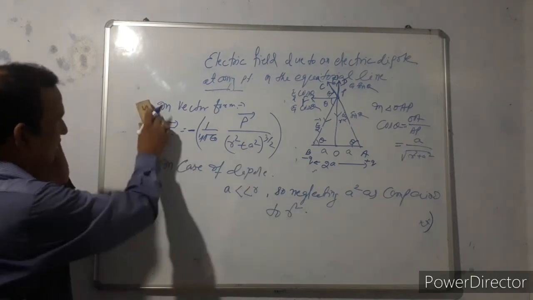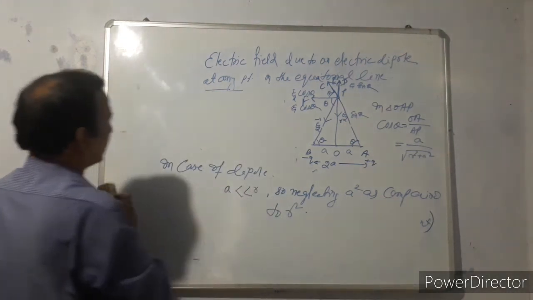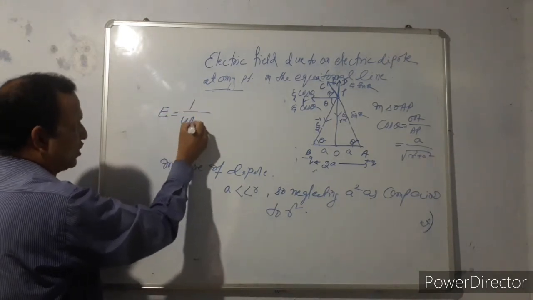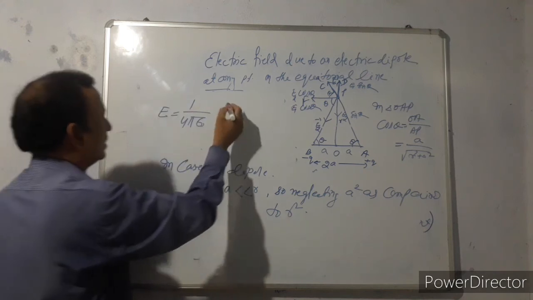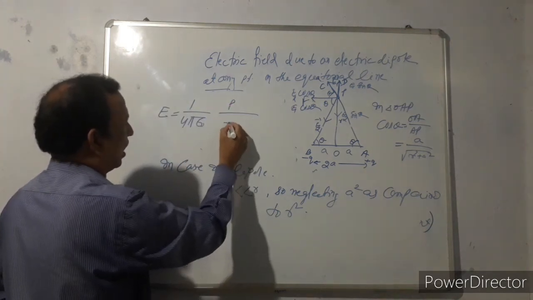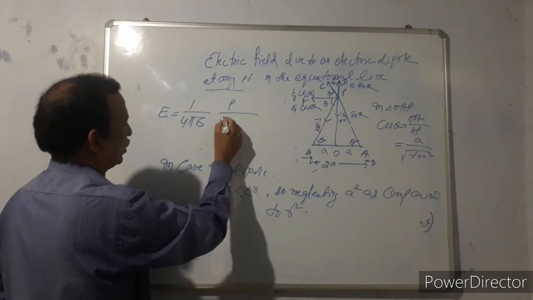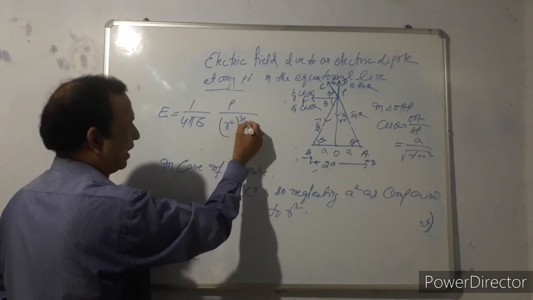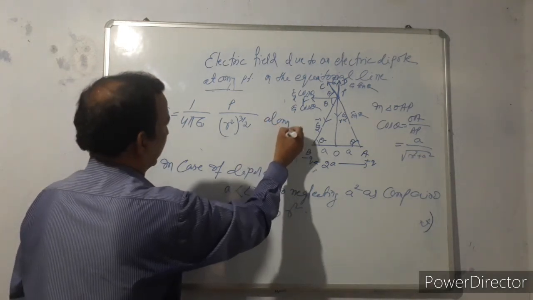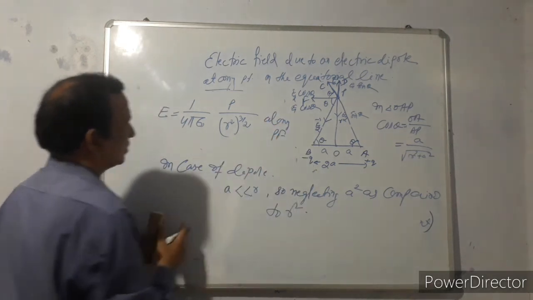So what is E now? E is equal to 1 by 4 pi epsilon naught p by r square to the power 3 by 2, along PF.